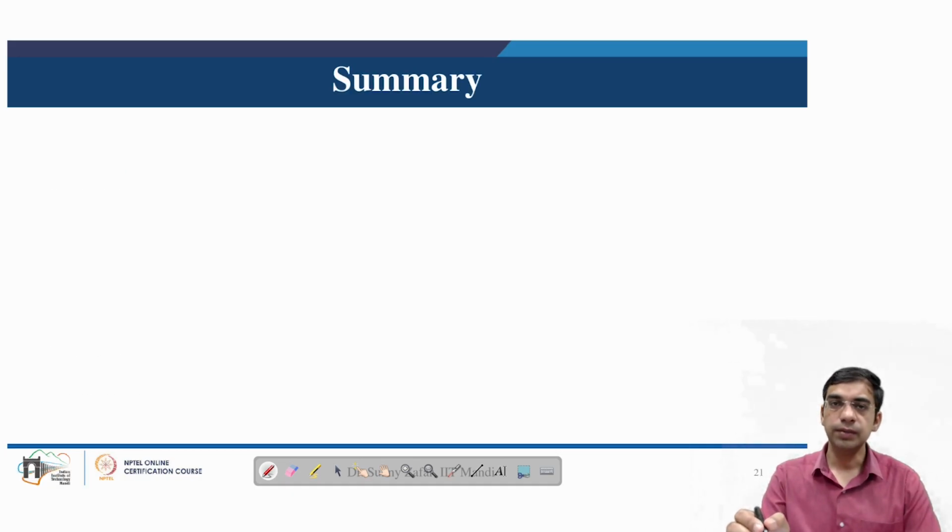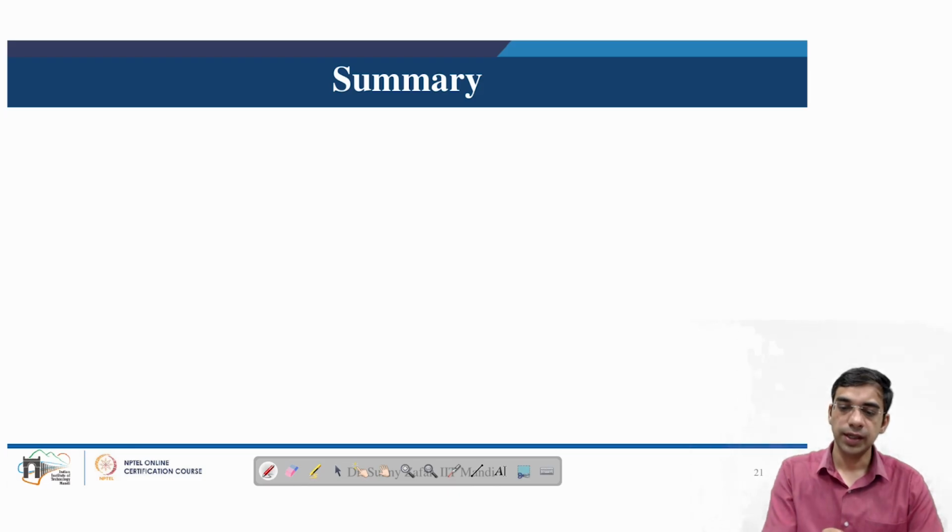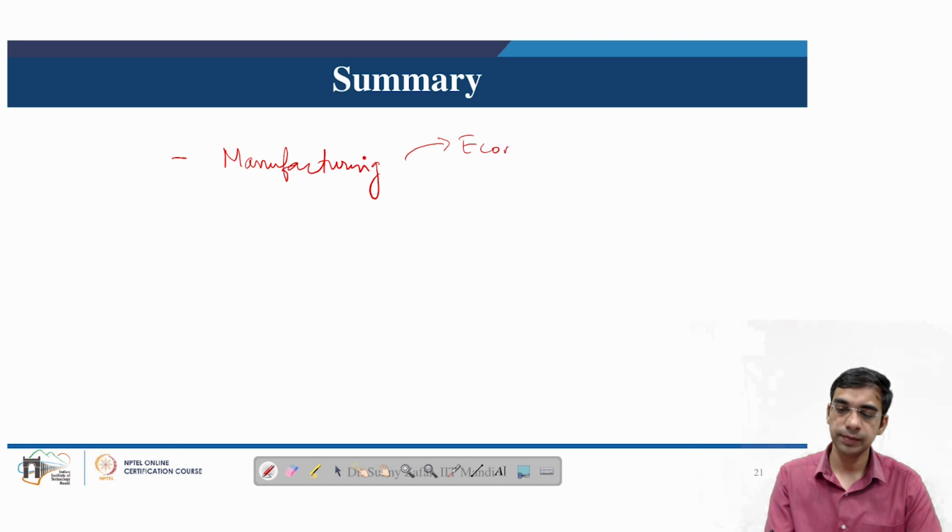With this, we wind up the lecture for today, and I will now summarize what we have covered. We covered the concepts of manufacturing. What is manufacturing? We have looked at manufacturing both from an economic sense and a technical sense.